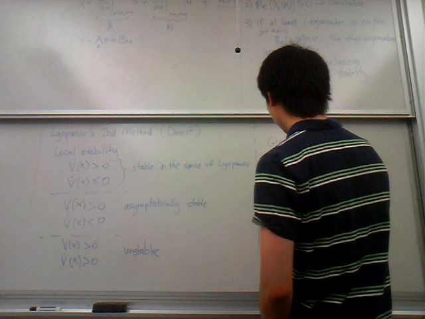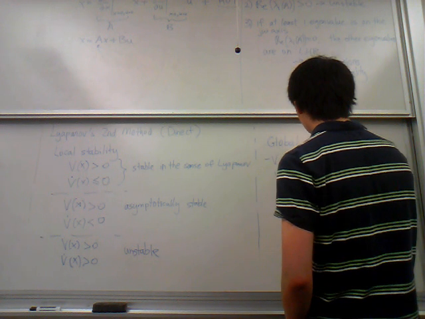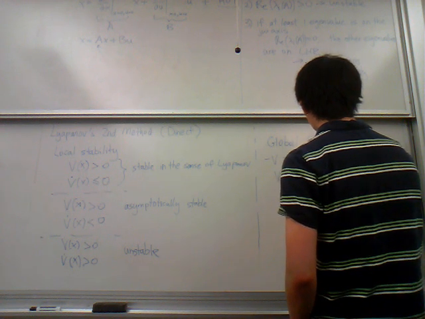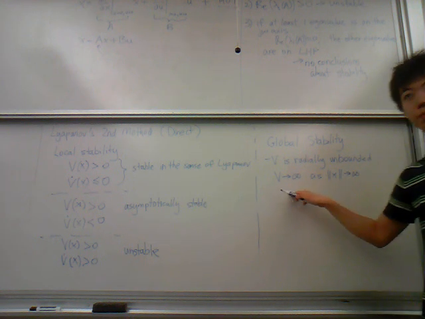This means that V goes to infinity as x goes to infinity. So this is like the norm of x, and x is a vector. It could have many components. If any one of these components goes to infinity, your V has to go to infinity.